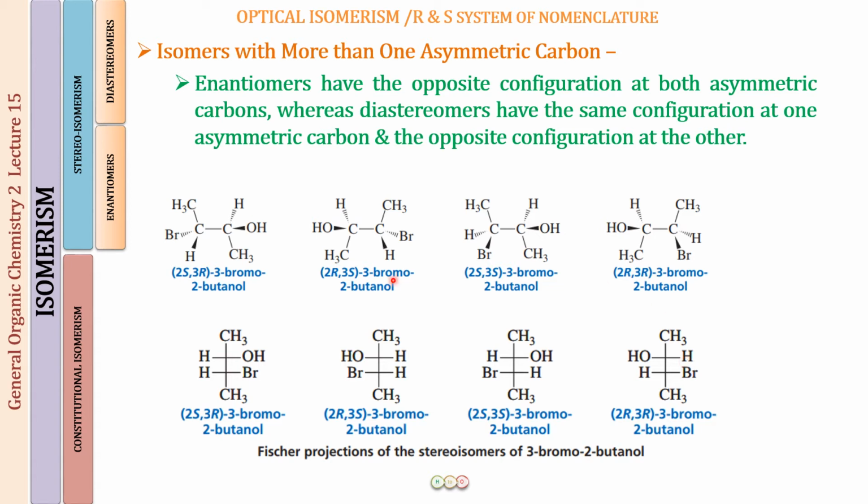Okay, now what you have to see is whether these enantiomers that you have made are enantiomers or they are identical also. So for that you have to rotate this molecule in the Fischer projection by an angle of 180 degrees. But you do not have to lift it from the plane of paper.